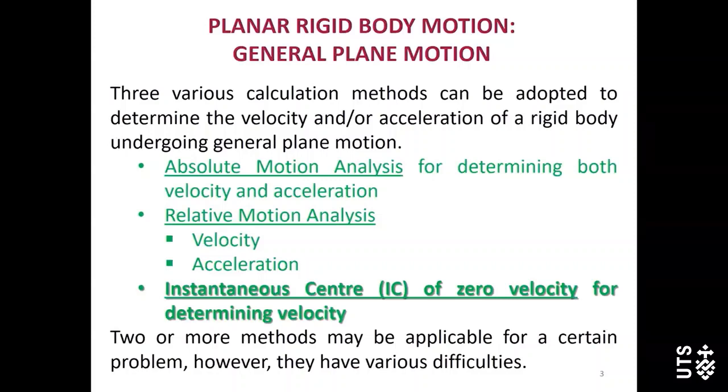Relative motion analysis involves vector calculation. It can be used for any problems, but comparing to instantaneous center of zero velocity, you will see this method, in most cases, can be much easier than relative motion analysis.